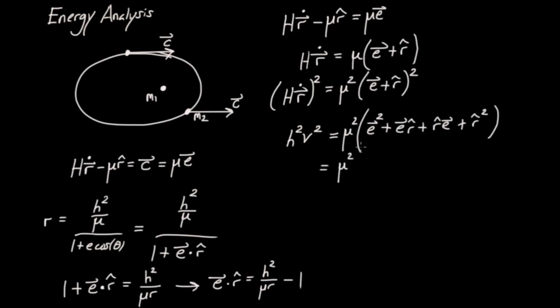Now, remember what happens when you square a vector under the geometric product? e squared is going to be the magnitude of that vector, which I was just calling the scalar e squared. And then over here, we have r hat squared. What's the magnitude of r hat? That was a unit vector, so it's just going to be 1. So I've got those two terms taken care of.